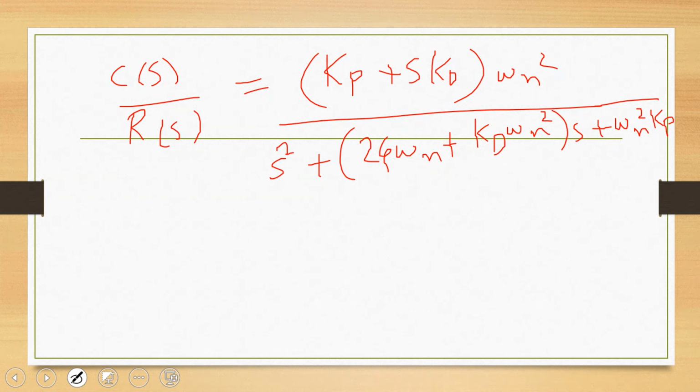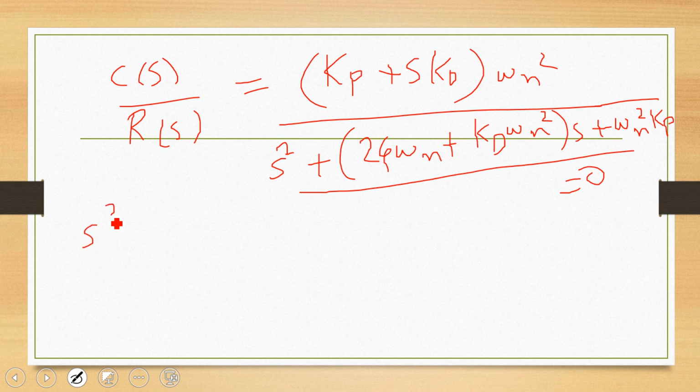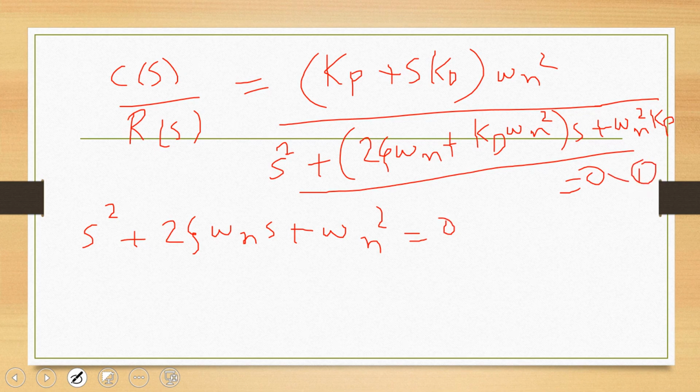So the characteristic equation is nothing but this denominator equated to 0. So now this denominator is compared with the standard second order system. Standard second order system is S square plus 2 zeta omega n S plus omega n square equal to 0. So if I take this denominator as equation 1 and this standard one as equation 2, I have to compare equation 1 and equation 2.